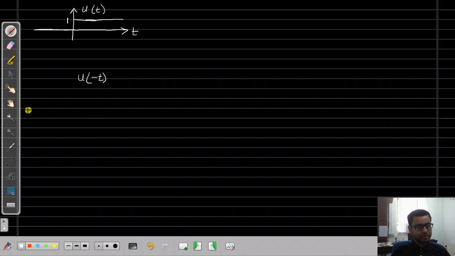Let us draw this signal. Time. Now this is a time reversal of the original signal. Therefore, this signal will have a value of 1 before t equal to 0 and then 0 in this region. So this is a time reversed or horizontally flipped version of this signal.